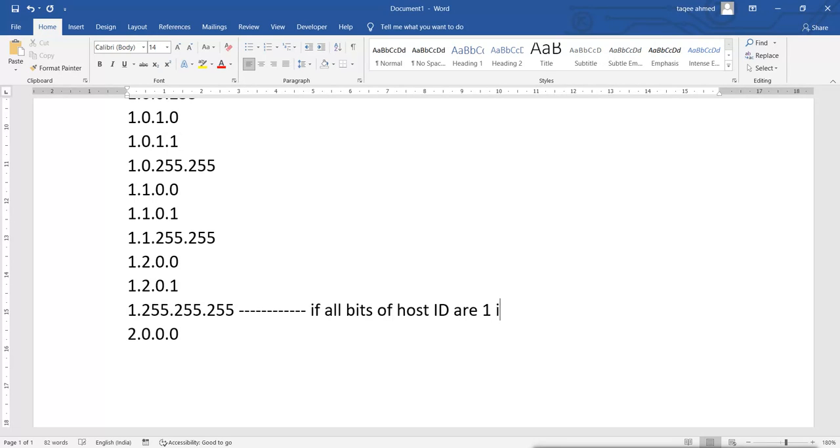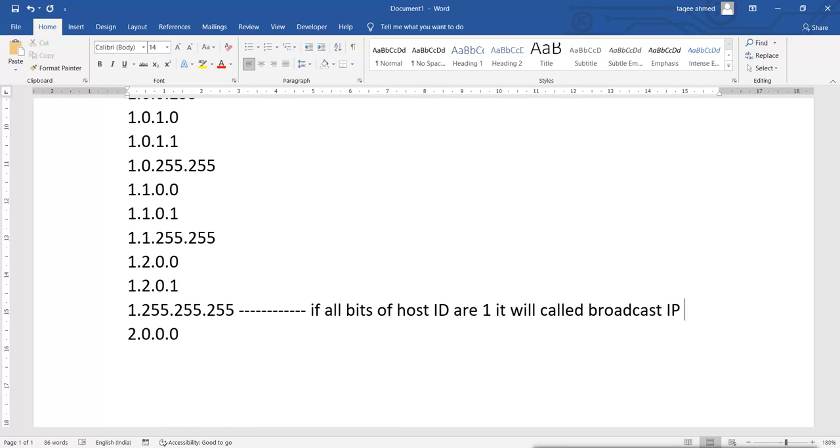Now it will be called the broadcast address. This is the broadcast address of this network. This is called broadcast IP.